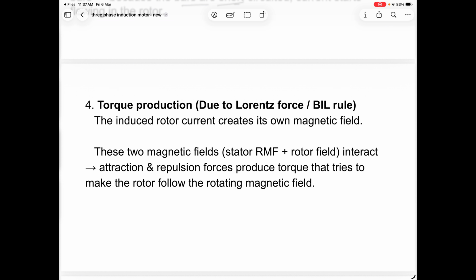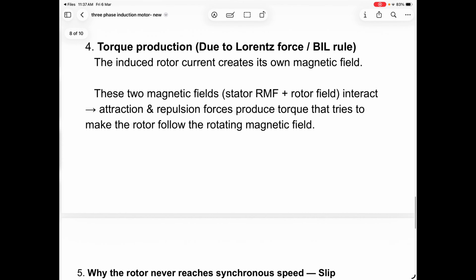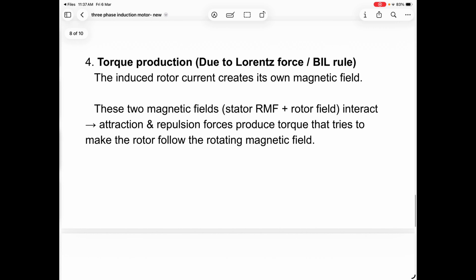Now, torque production due to the Lorentz force. There is the BIL rule. As there is induced current present in the rotor conductor, it creates its own magnetic field.